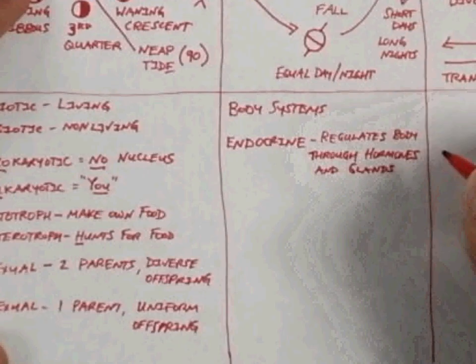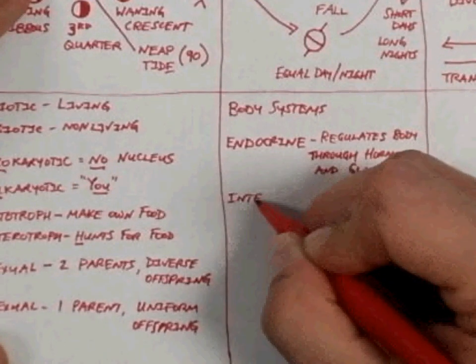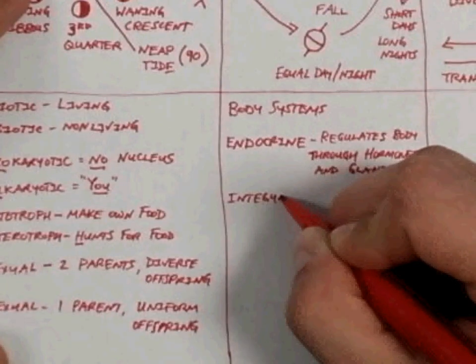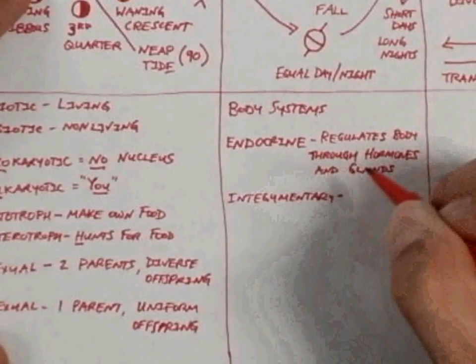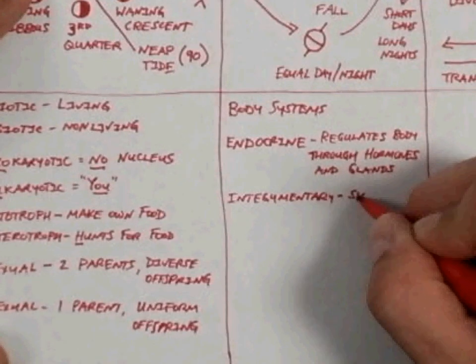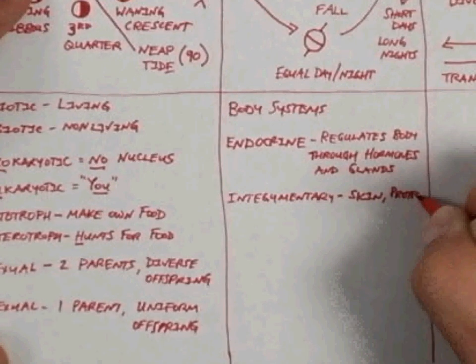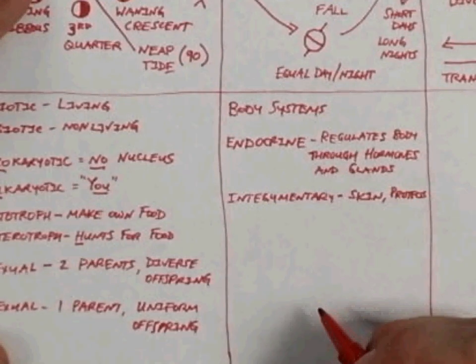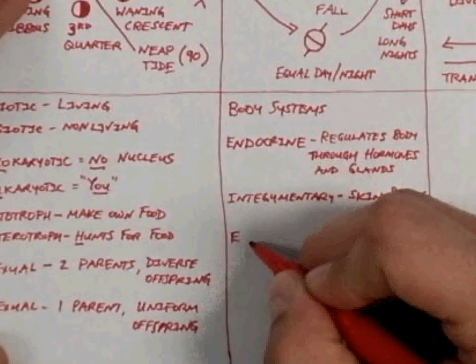Integumentary. The integumentary system is just your skin. And the skin's purpose, or function, is to protect your body and to regulate body temperature. And then the last really tough one that you may see is excretory.